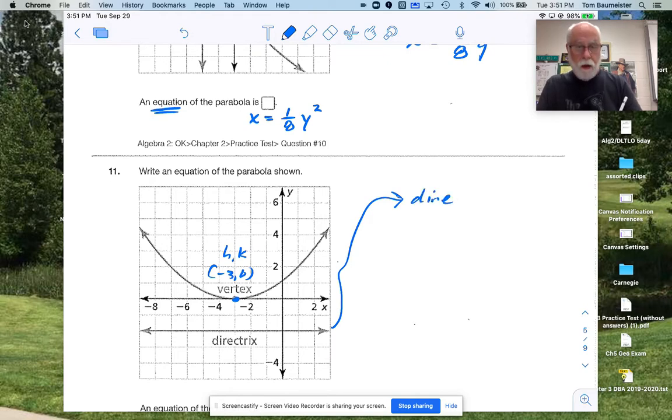Remember, you're going to be looking at your notes, ladies and gentlemen. Look at all the formulas that I gave you. I gave you the pictures, etc., etc. Maybe that'll help you. In this case, our directrix is k minus p. All right? So our k is a 0, and we have 0 minus 2. So again, our p has to equal 2.